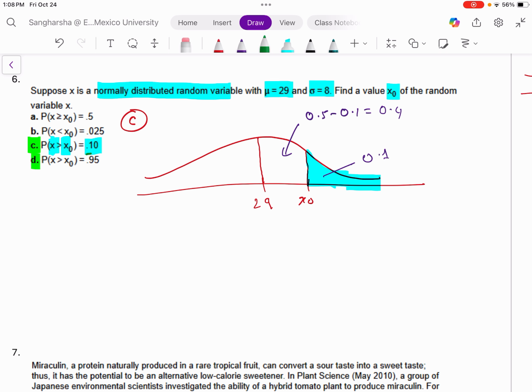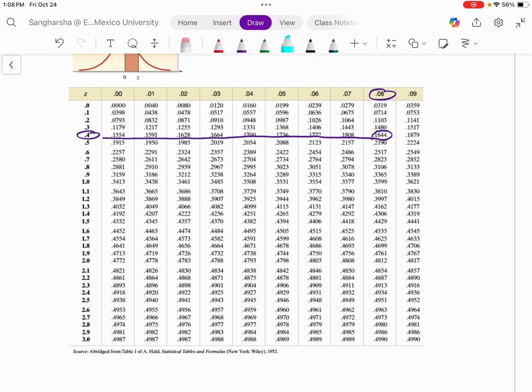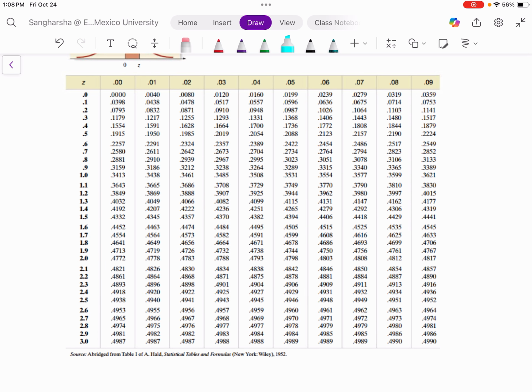Now we use our G table and look for a number very close to 0.4. So let's go back to the normal table, and here we look for a number very close to 0.4.